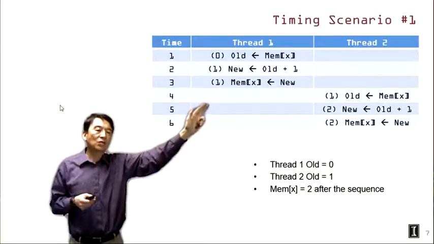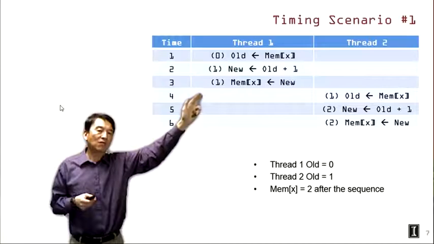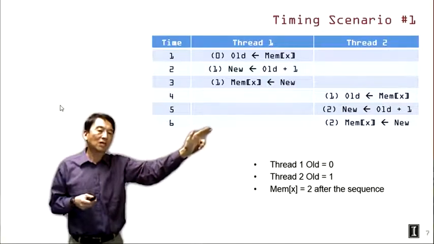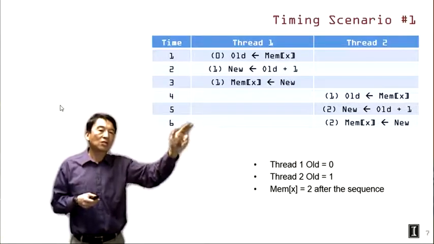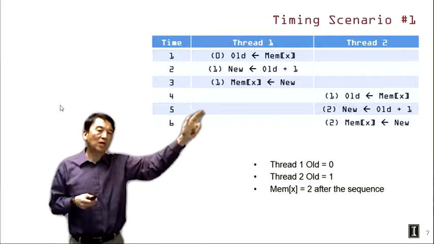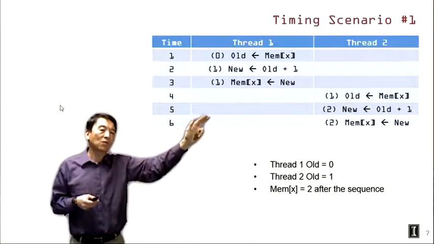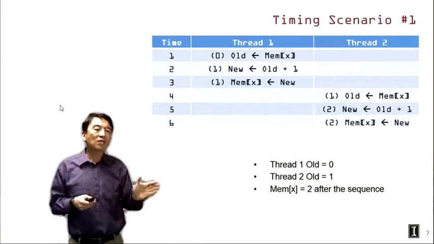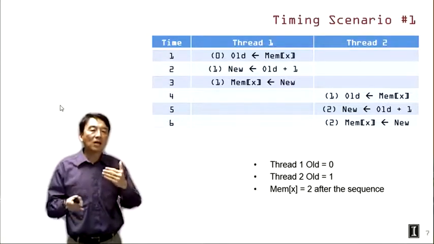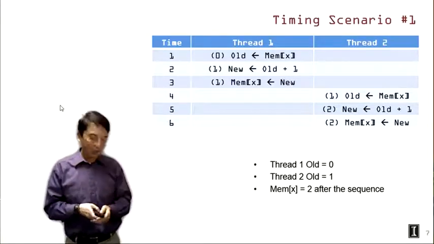And thread 2 will receive that value 1, updated from thread 1 because it came later, and then you will add 1 to it, it will generate 2, and you will leave the memory location with value 2 after it's done. So thread 1 receives the original value 0, and thread 2 receives an original value 1. This is a perfectly reasonable result, and the memory location has a value 2, which reflects both the updates of thread 1 and thread 2.